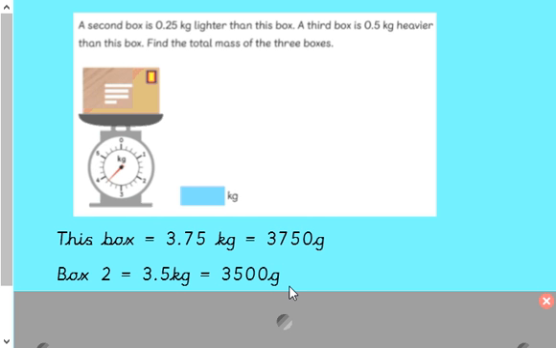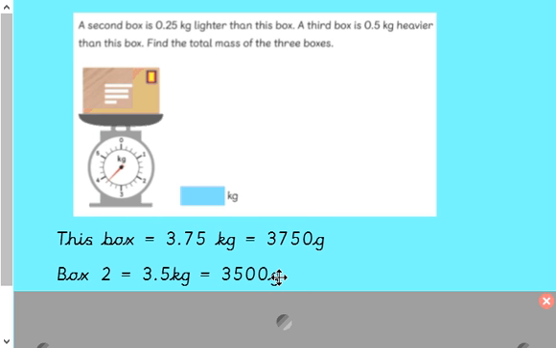But then it says the third box is 0.5 kilograms heavier than this box. Okay, so I'd be looking at my first box. I've got my second box. Now my third box, it says, is 0.5 kilograms or half a kilogram heavier than this box.